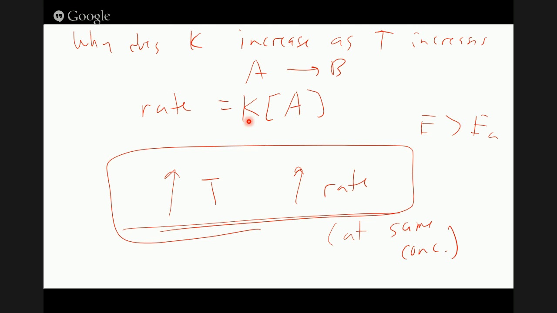And K on some level is a measure of how frequently the particles are colliding and how frequently they're being successful in their collisions. So Rid, I hope that helps answer the question, why does K increase as temperature increases?